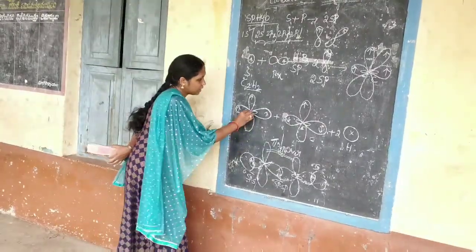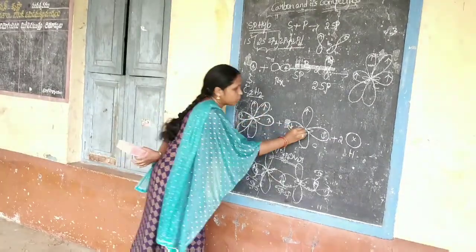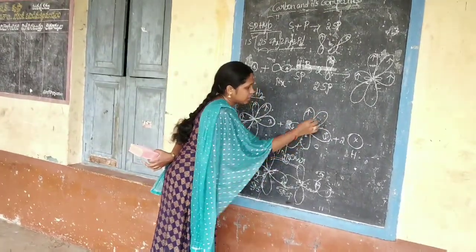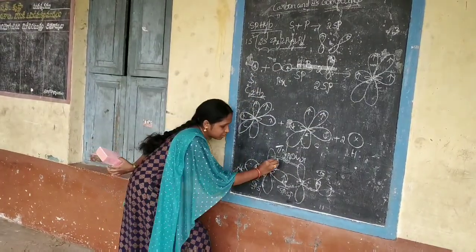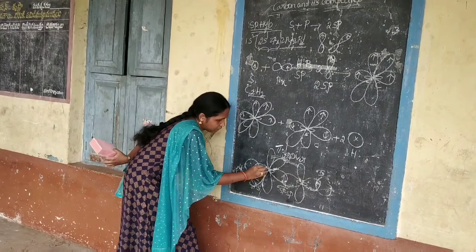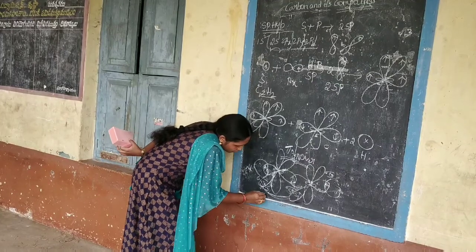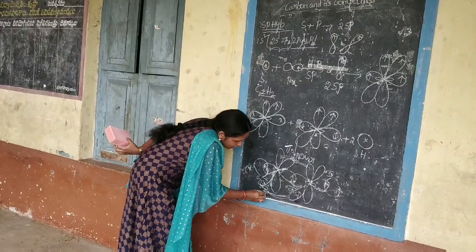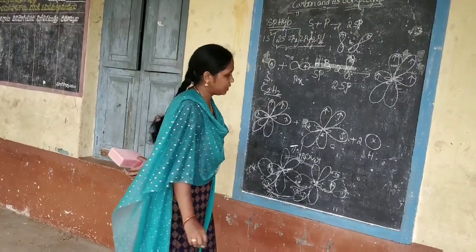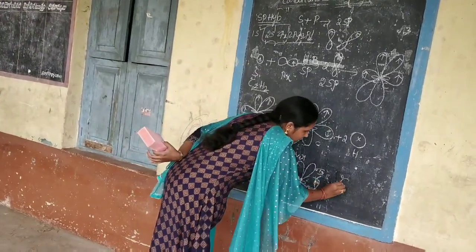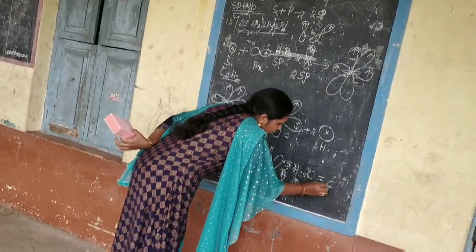Next, it has another orbital, the pz orbital with a single electron, and this carbon also has a pz orbital. These pz orbitals are also perpendicular to the plane, and they overlap and form a pi bond, which we call pi pz. We represent the line notation: C triple bond C and single bonds to hydrogen.